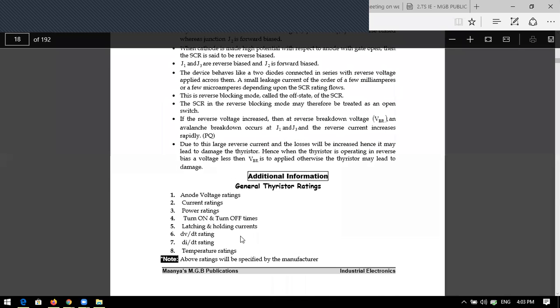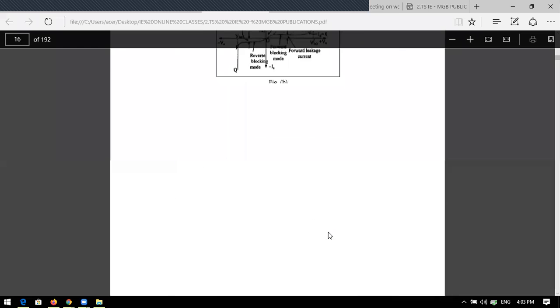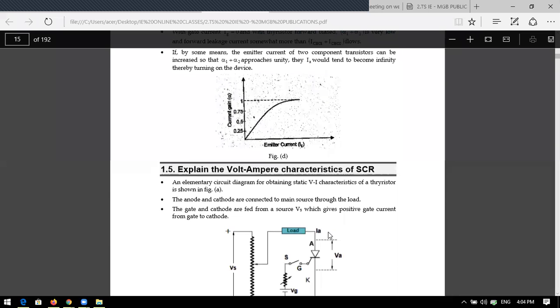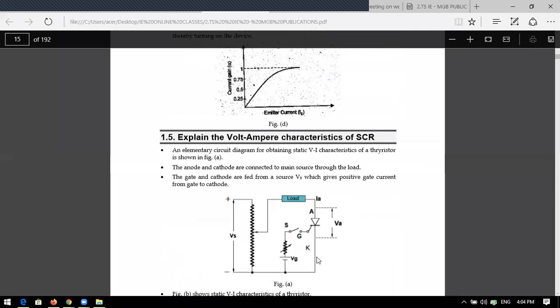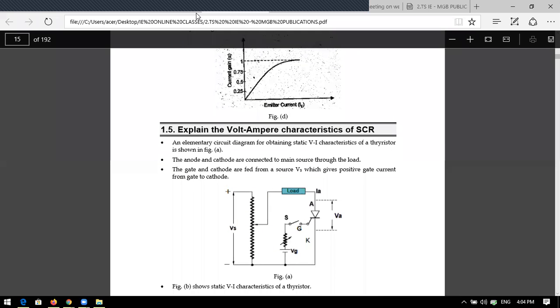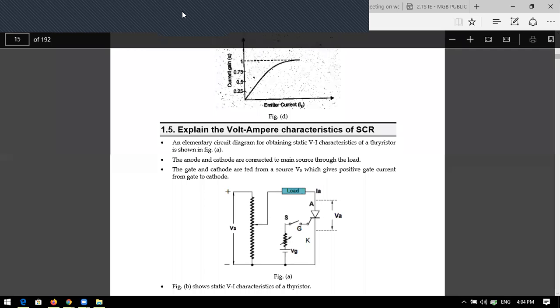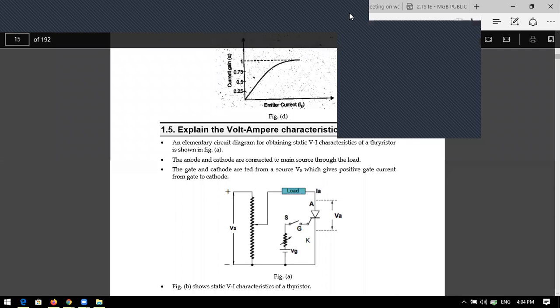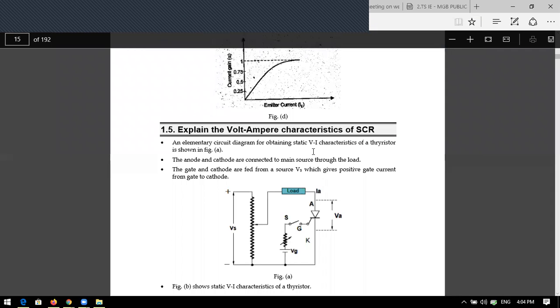So this is the thyristor characteristics, or SCR characteristics. You should learn these characteristics, it is very important. I will wind up the VI characteristics here.